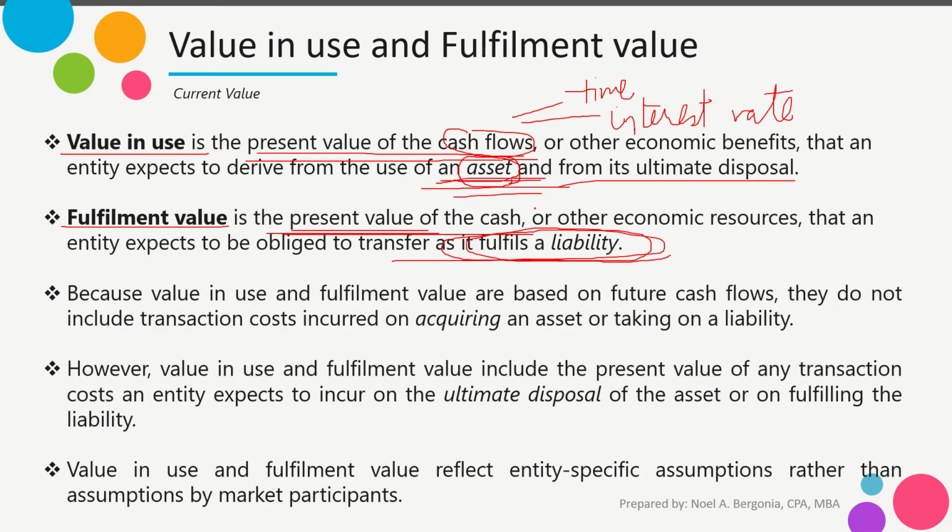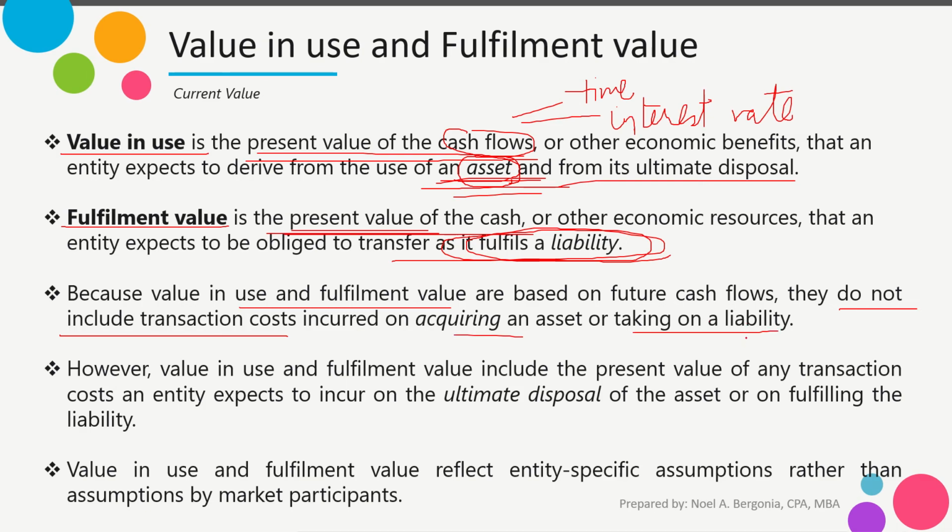Okay? So, on a separate video na pwede kong i-share sa inyo or actually na-share ko na rin sa inyo, no? You can find out or even see how to compute the present value, no? Using various situations. Okay? So, considering value in use, no? And fulfillment value, which are based on future cash flows, take note, they do not include as well transaction costs in acquiring or even taking the liability.